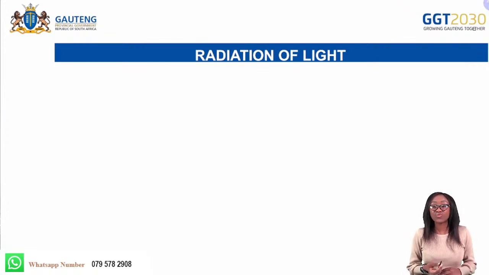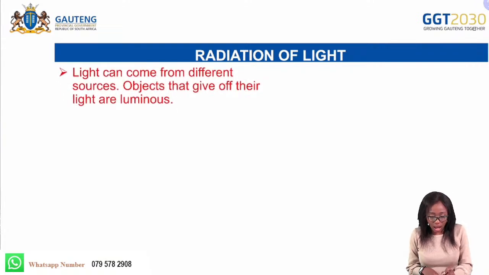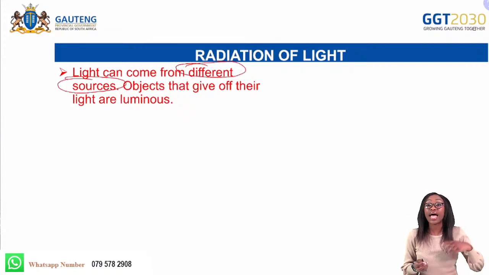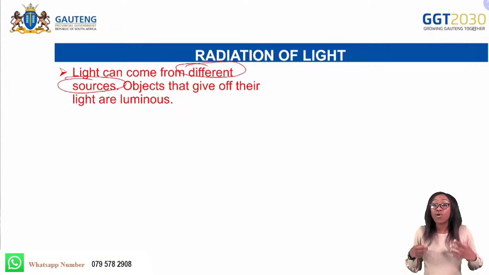What is radiation of light? Light can come from different sources. I know in the previous grade, even now in our baseline, we said that light comes from the sun. But we have other objects that can give us light. So objects that give off their light are luminous.